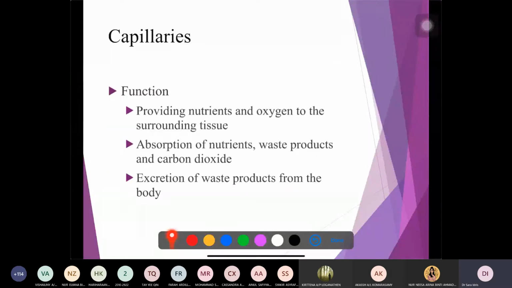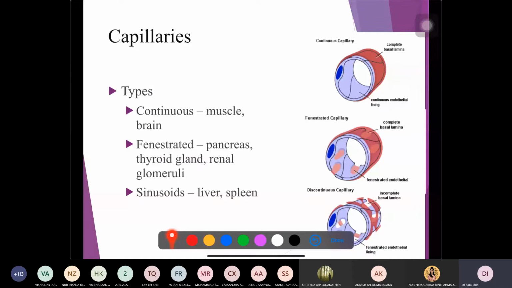The function of the capillaries, as mentioned earlier, is to provide a site for nutrients and oxygen to go into the surrounding tissue, and then absorb waste products, carbon dioxide, from the tissue back into the blood supply. Capillaries actually have three types depending on the basal lamina.